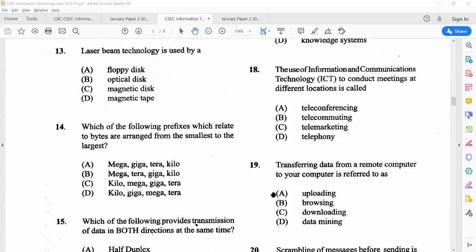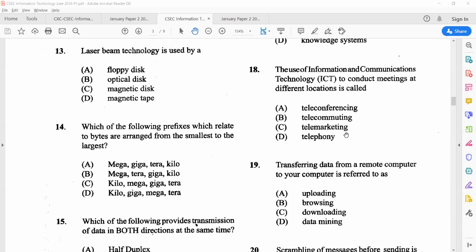The use of information and communications technology, or ICT, to conduct meetings at different locations is called what? A, sir. Right, so we have teleconferencing, telecommuting, telemarketing, and telephony.